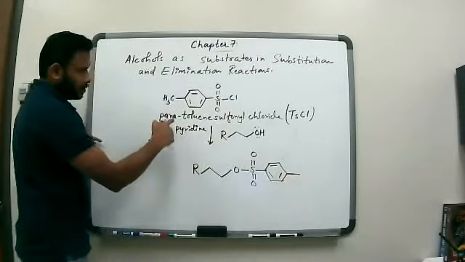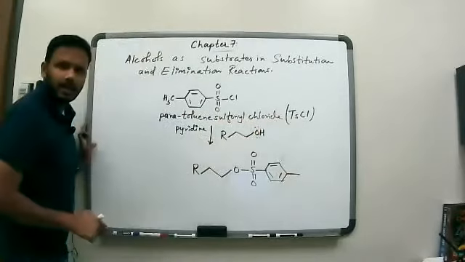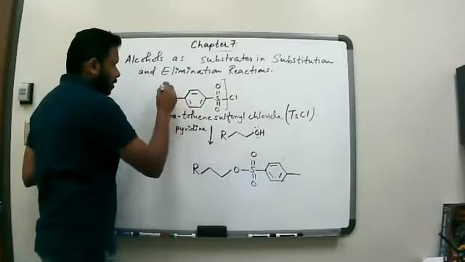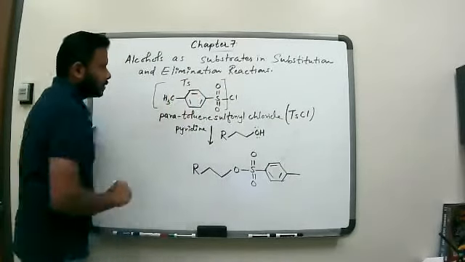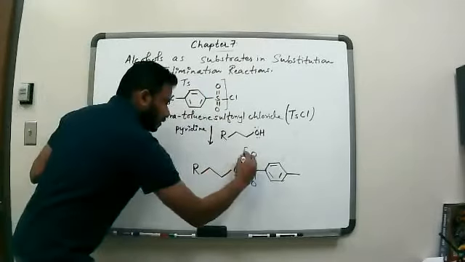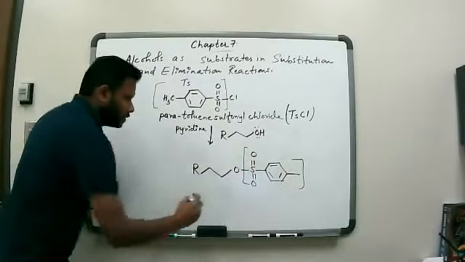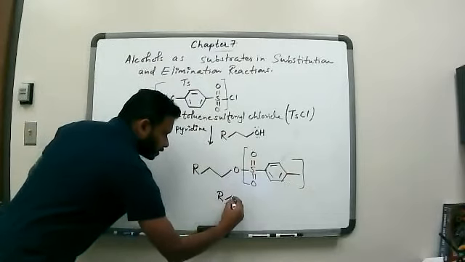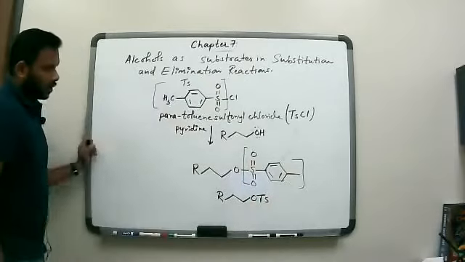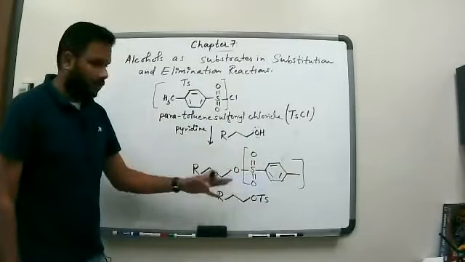Notice para-toluene sulfonyl chloride is abbreviated as TsCl, so TS is all of this. Our product here, all of this is TS. So our product can be written as ROTS.